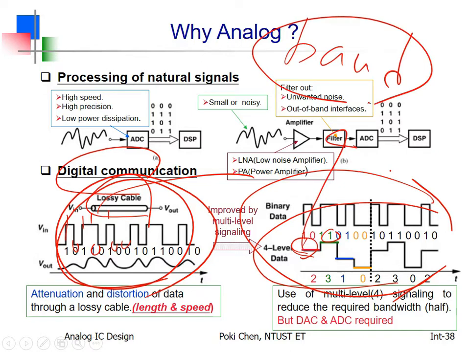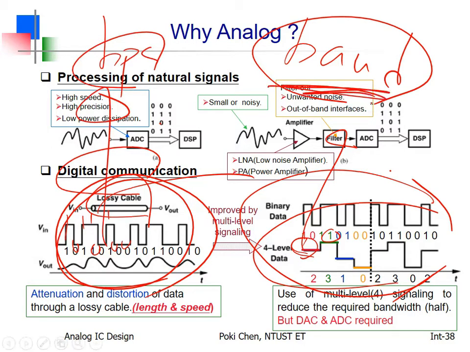Okay? From the beginning, we call it bit rate, bit per second. Right? How about here? We call it symbols per second. We transmit symbols. And each symbol here means 2 bits.